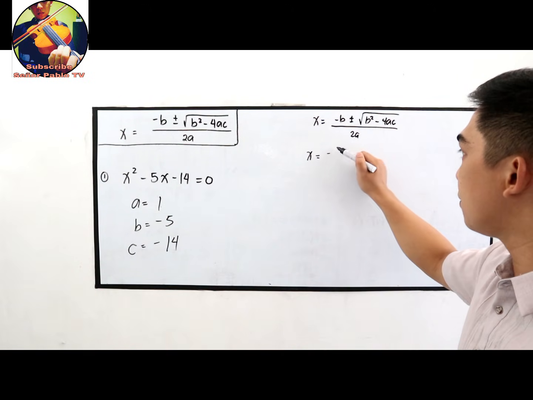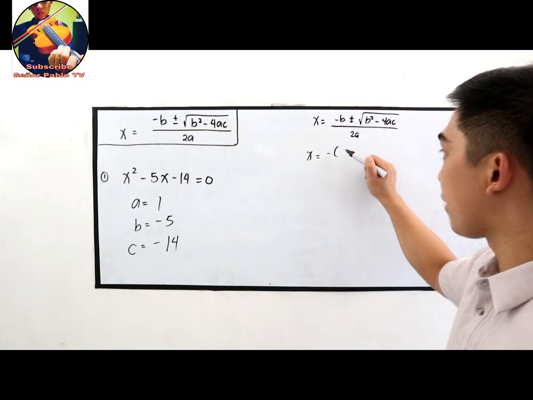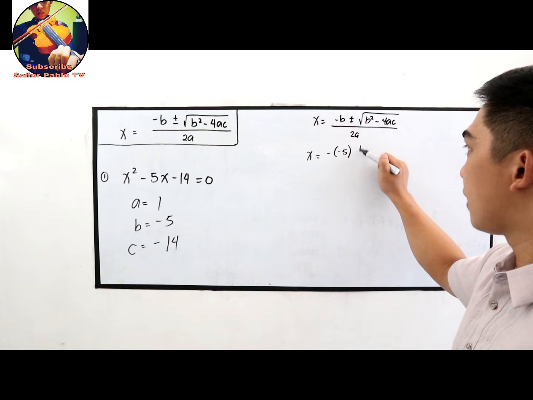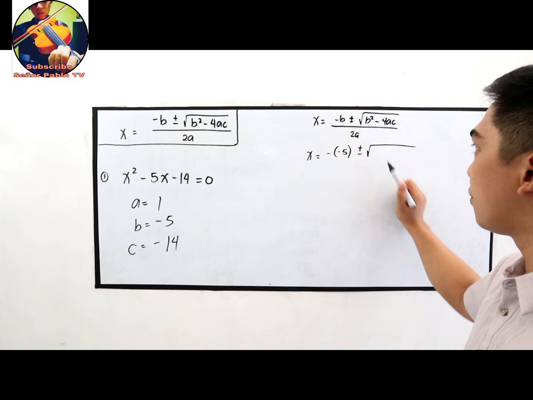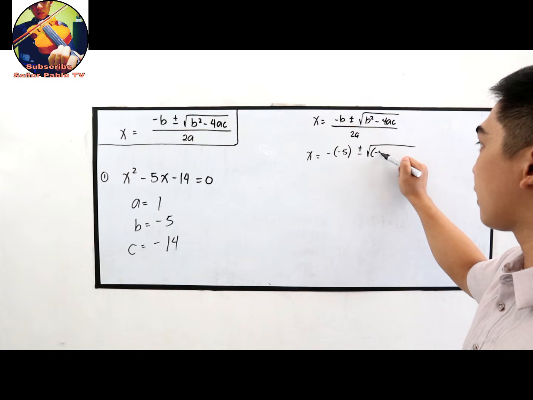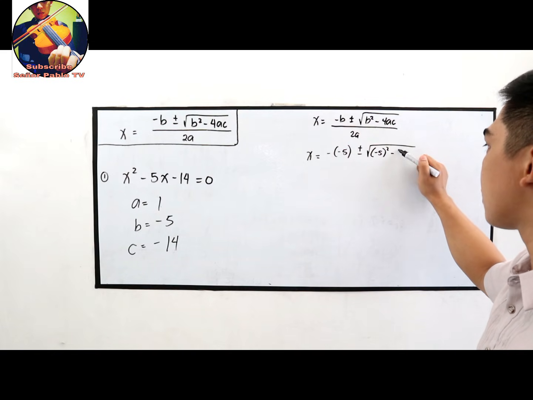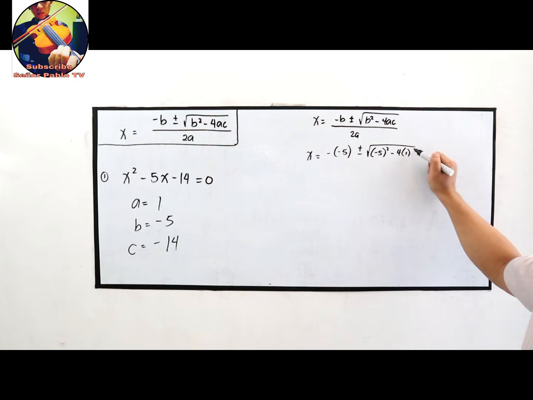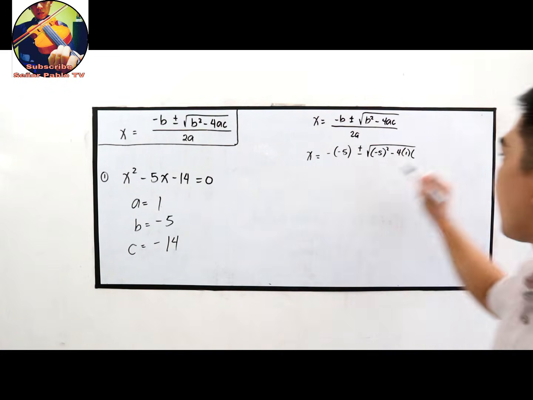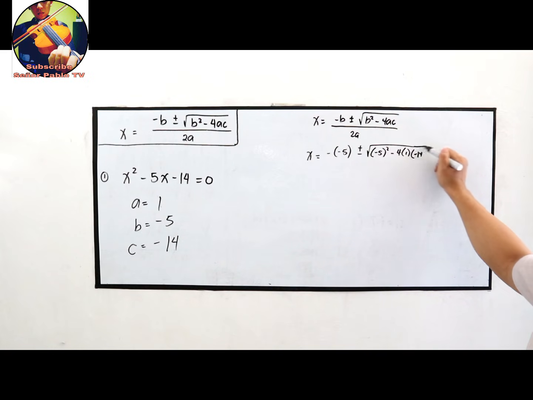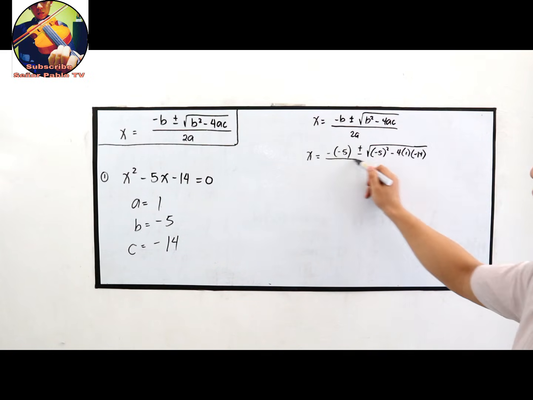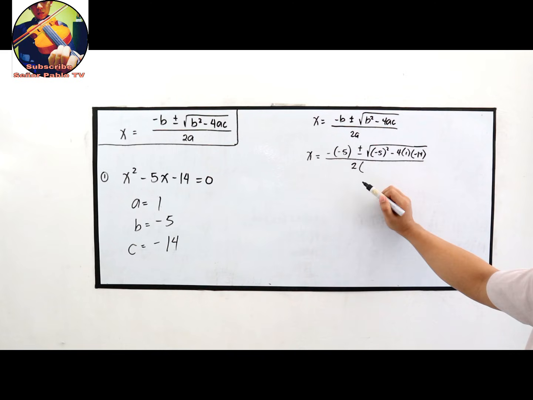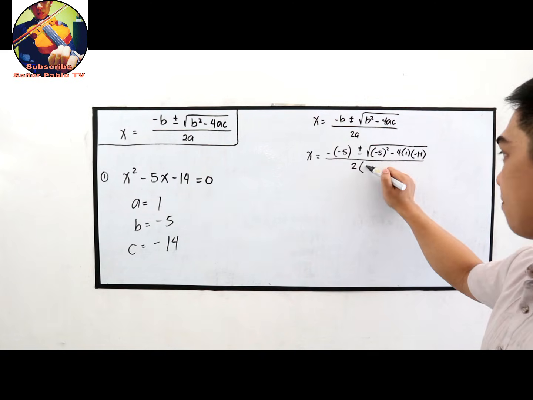So, negative, ang b natin is negative 5 plus or minus square root of b is negative 5 square minus 4 times a natin ay 1 times c natin ay negative 14. All over 2 times a natin 1.